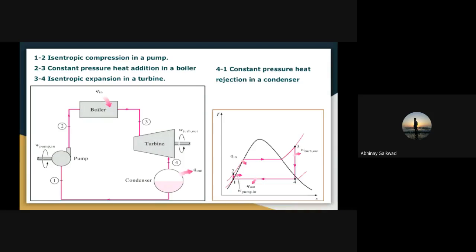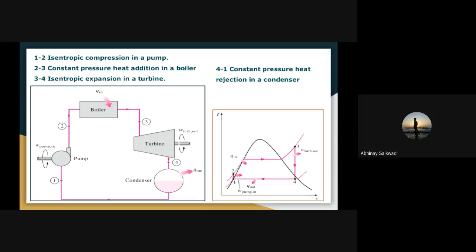Then the steam is usually a saturated liquid-vapor mixture with a high quality, because this is the condensed steam. High quality means a drainage section. At state 4, the steam condenses in the condenser at constant pressure.